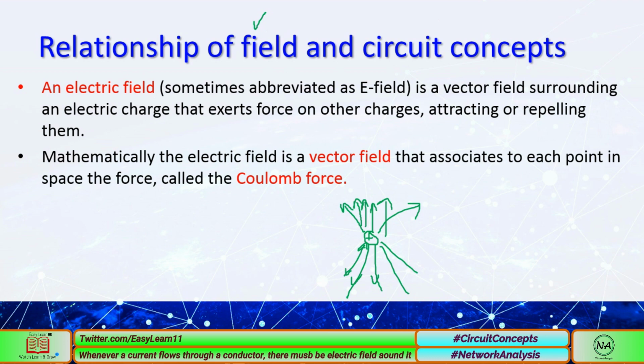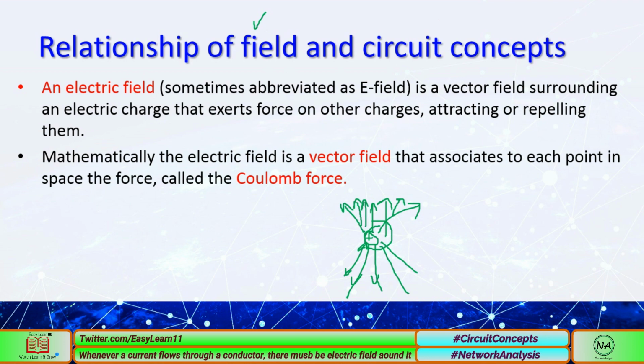If we have this type of diagram where arrows are used, it means that this has a specific direction, and this is due to the electric field intensity. Its intensity is more here around this point charge. Intensity decreases as we move away from the charge.